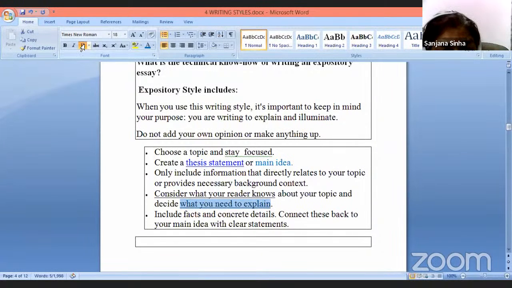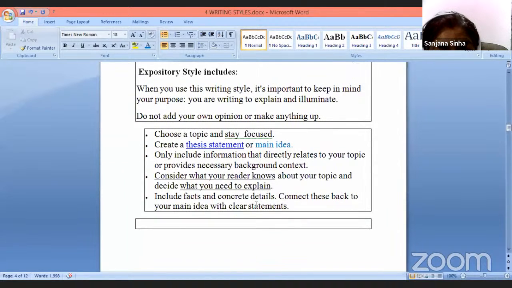These are the two things which are important. Include facts and concrete details. Connect these back to your main idea with clear statements.